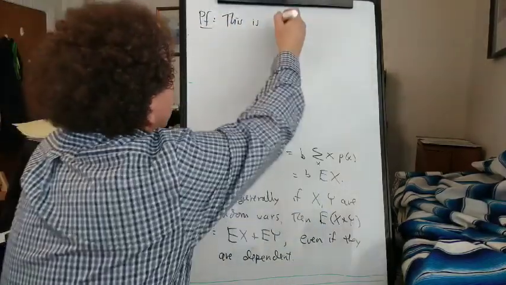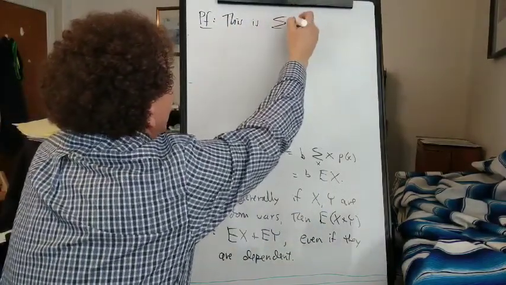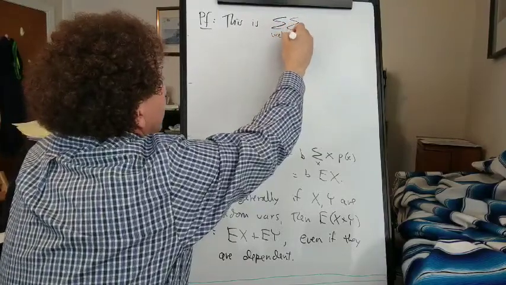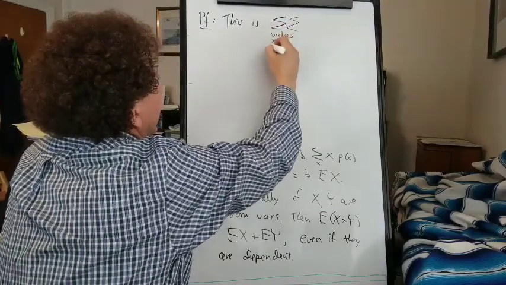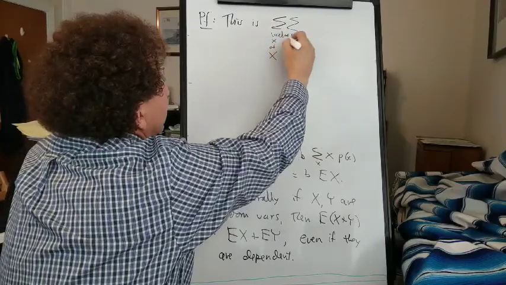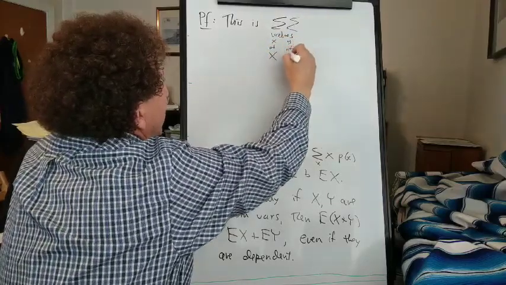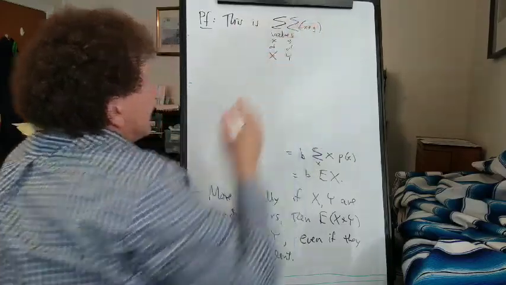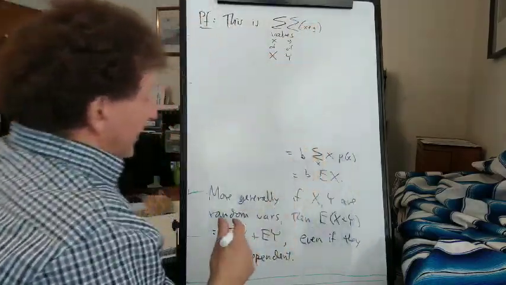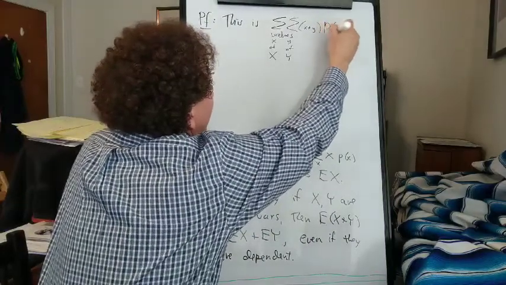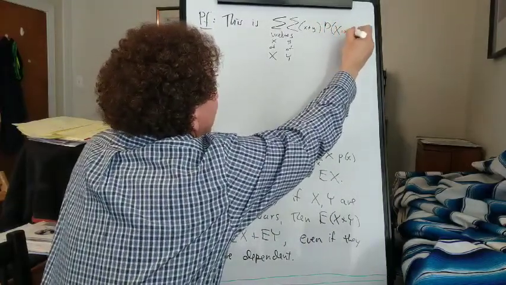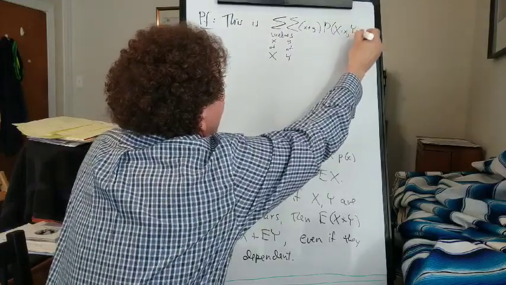So this is the sum over all possible values x of capital X and y of capital Y, little x plus little y is the sum, times the probability that capital X equals little x and capital Y equals little y.